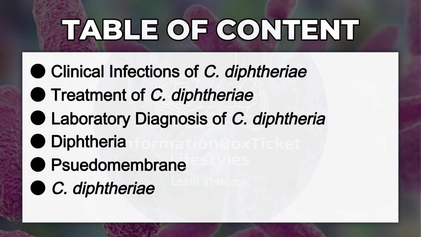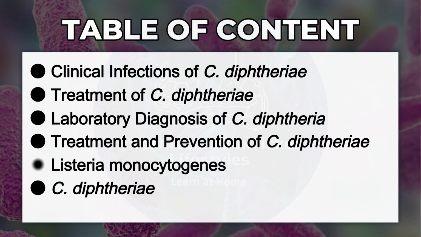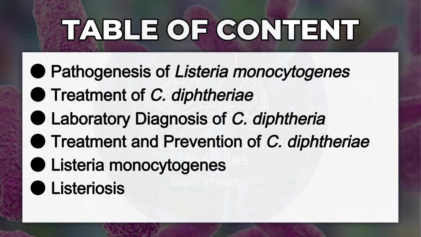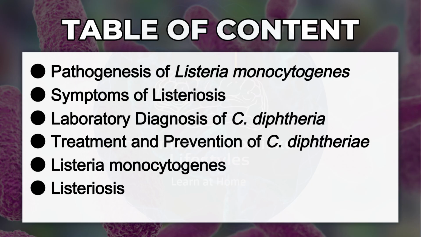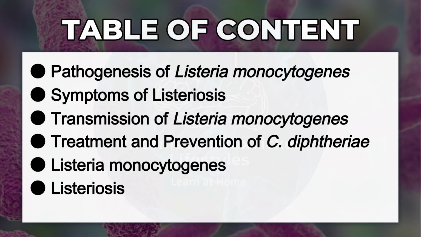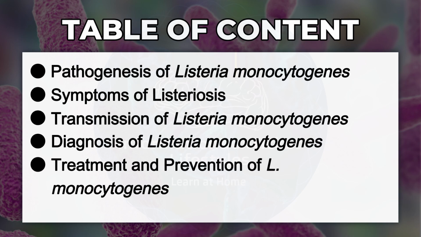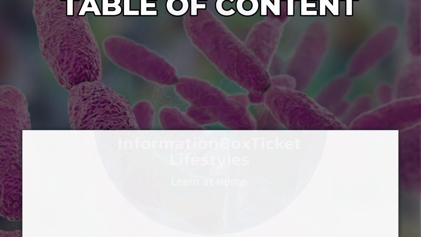Laboratory diagnosis of Corynebacterium diphtheriae. Treatment and prevention of Corynebacterium diphtheriae. Listeria monocytogenes. Listeriosis. Pathogenesis of Listeria monocytogenes. Symptoms of listeriosis. Transmission of Listeria monocytogenes. Diagnosis of Listeria monocytogenes. Treatment and prevention of Listeria monocytogenes.